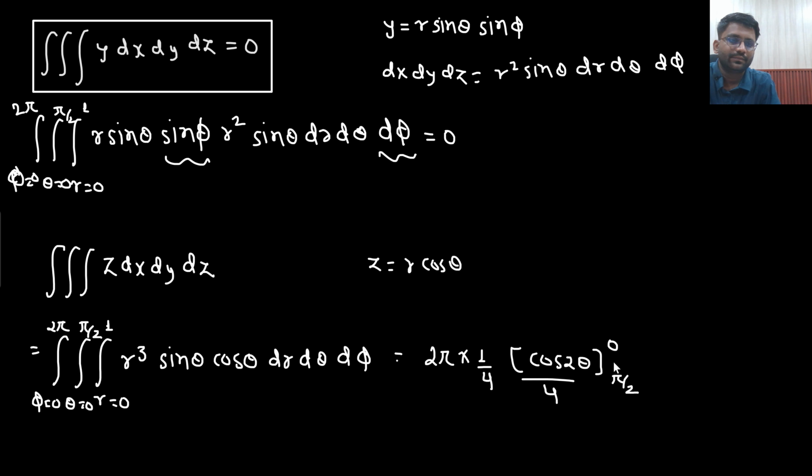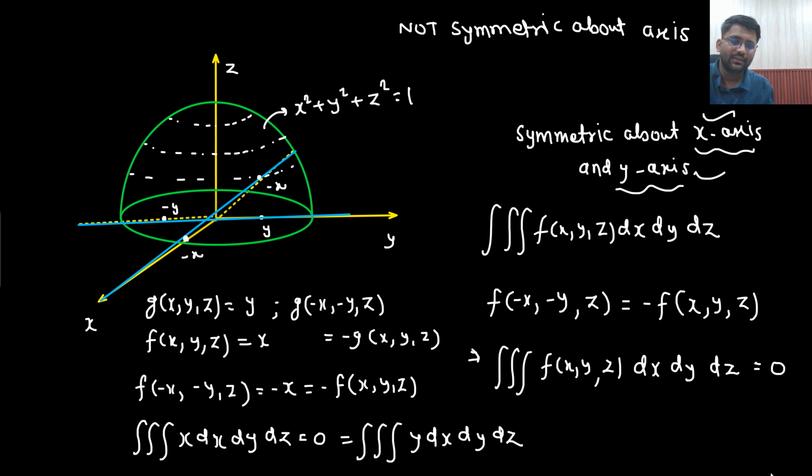So it will come out to be 1 by 2 only. When you solve this integral, the answer comes out to be pi by 4. You can solve it on your own. This will be your final answer, because 0 plus pi by 4 is the answer.